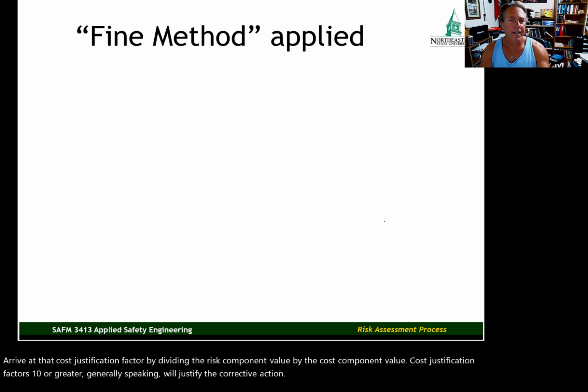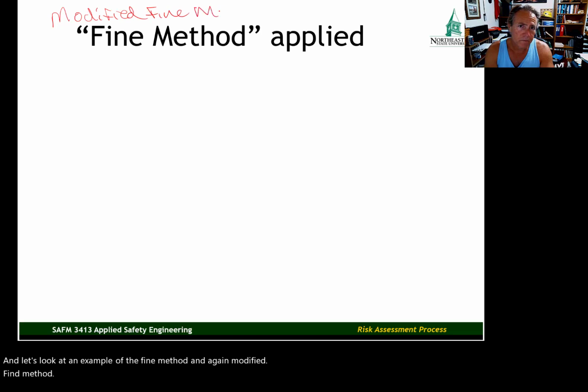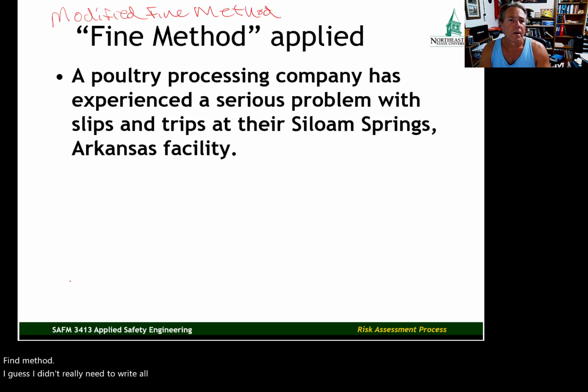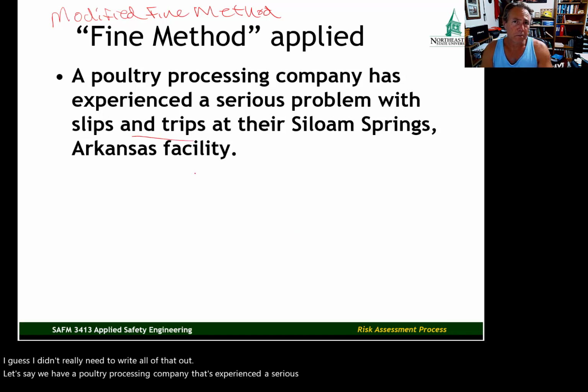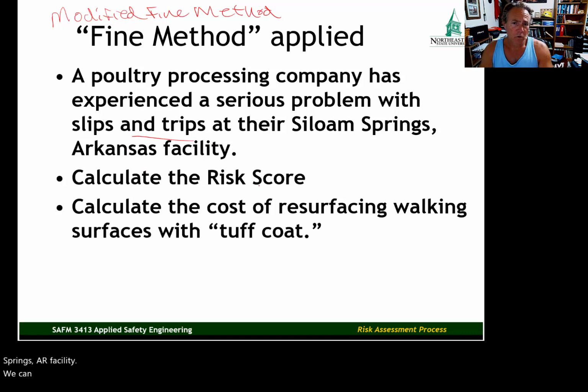And let's look at an example of the FIND method, and again, the modified FIND method. Let's say we have a poultry processing company that's experienced a serious problem with slips and trips at their Siloam Springs, Arkansas facility. We can calculate the risk score.